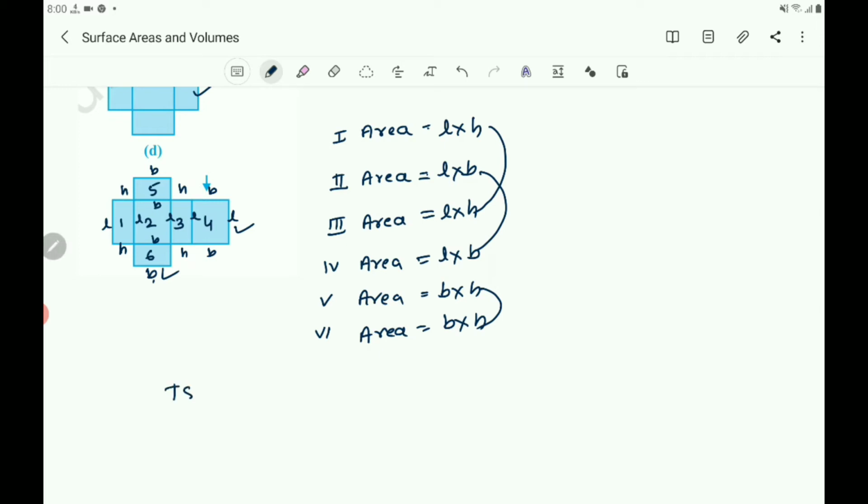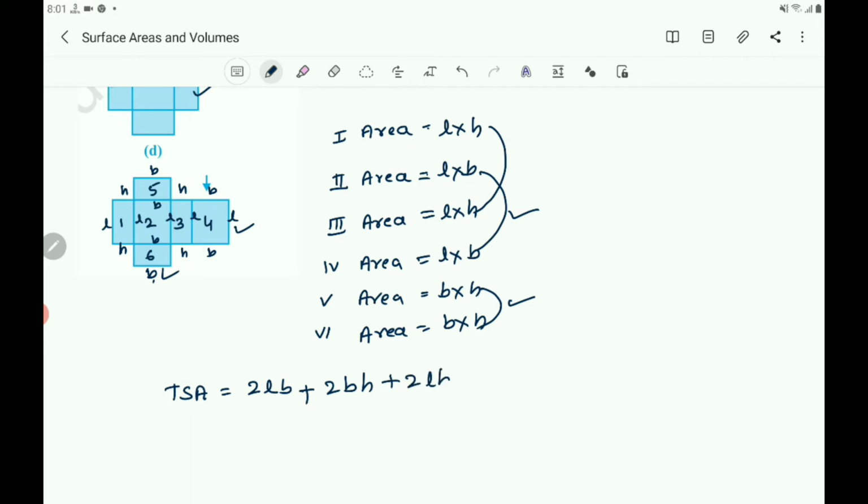That is, total surface area of the cuboid becomes 2 LB, plus 2 BH, plus 2 LH.